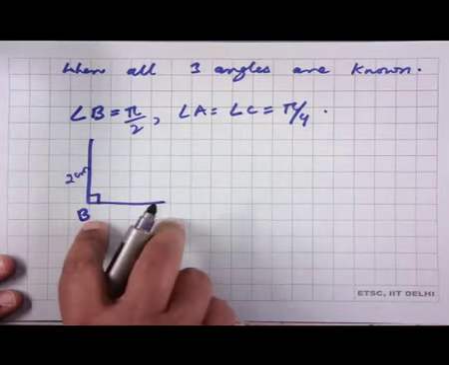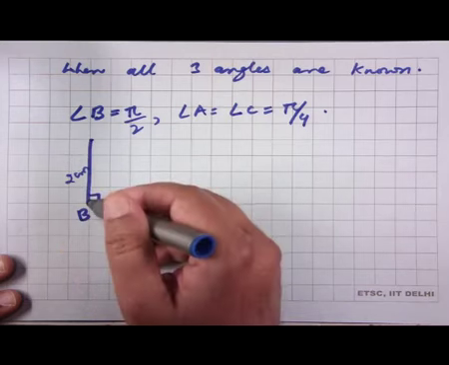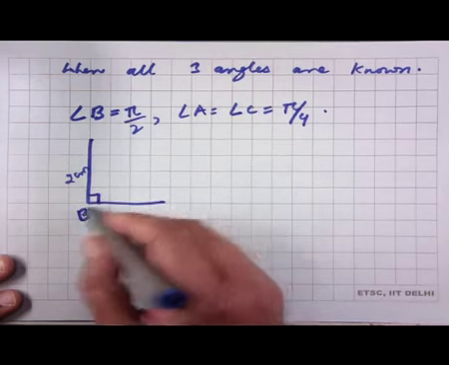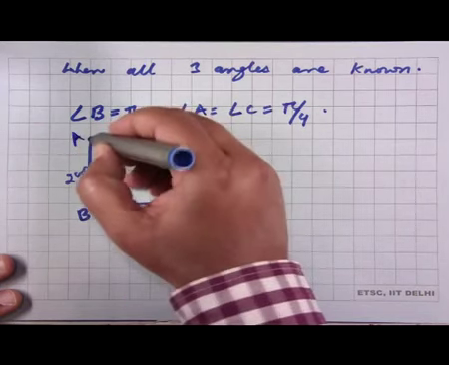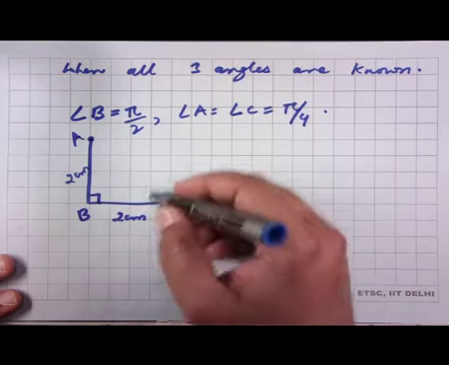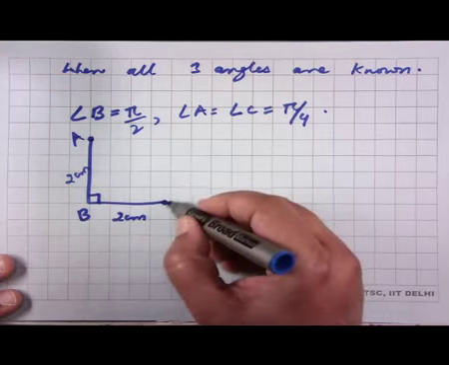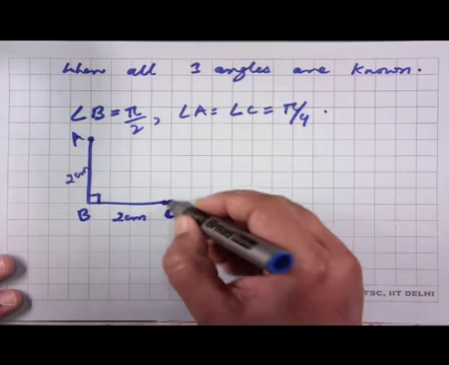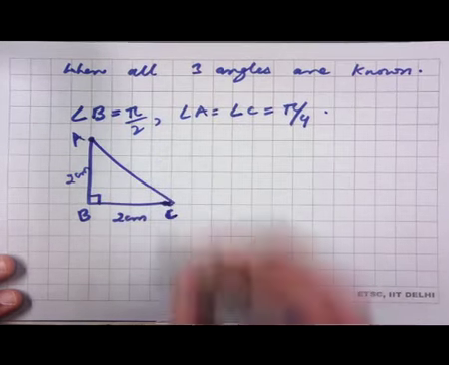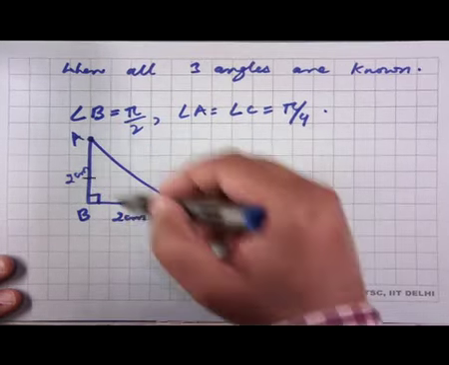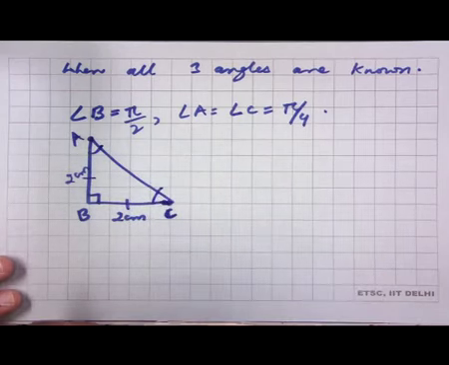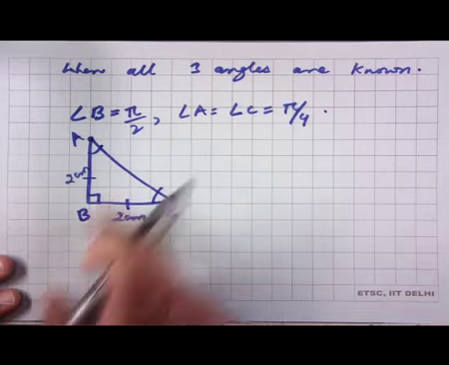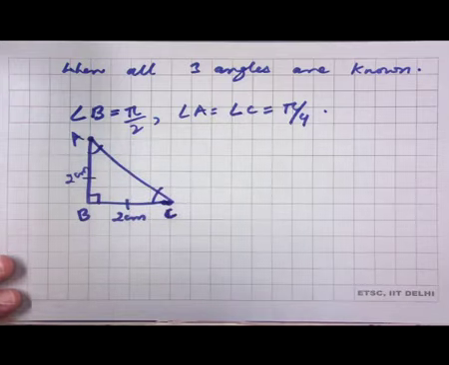We construct another line at angle 90 degrees to this vertical line, and that is also 2 centimeters. Let this point be A and this point be C, and then we join A and C. Naturally, because this and this side are equal, these two angles will be equal and they will be equal to 45 degrees. So, this triangle is satisfying these three conditions.